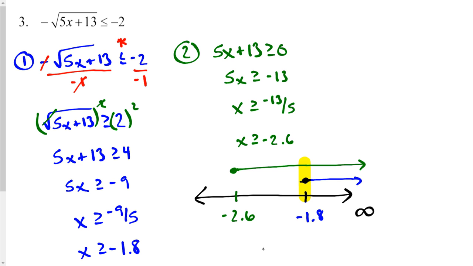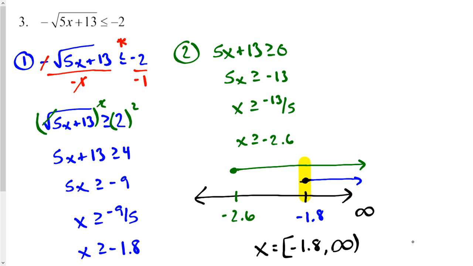So writing this in interval notation, we could say that x equals hard bracket, because it's inclusive, negative 1.8 to infinity, okay? And remember, we always use a soft bracket with infinity because it can never equal infinity, it just approaches it. All right.